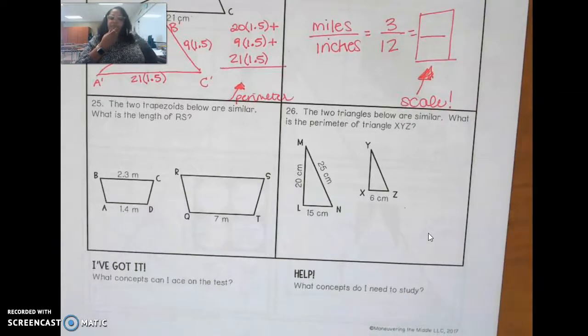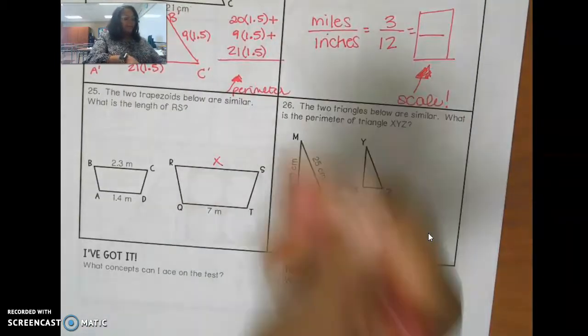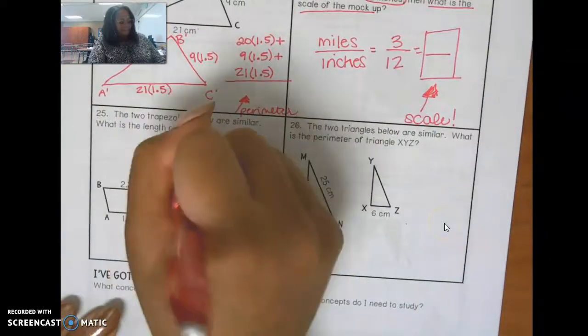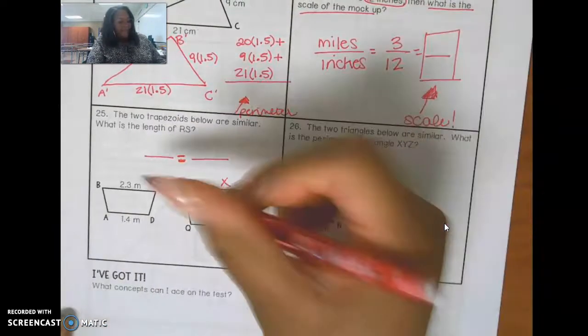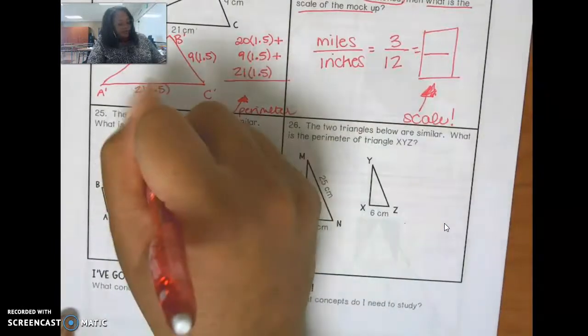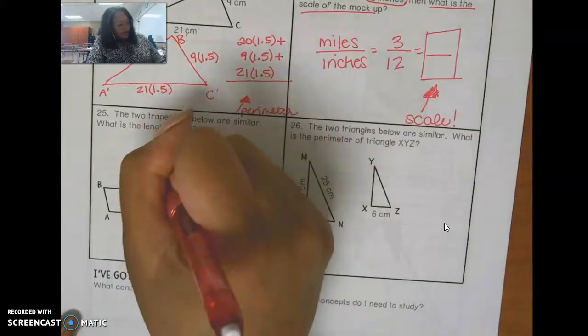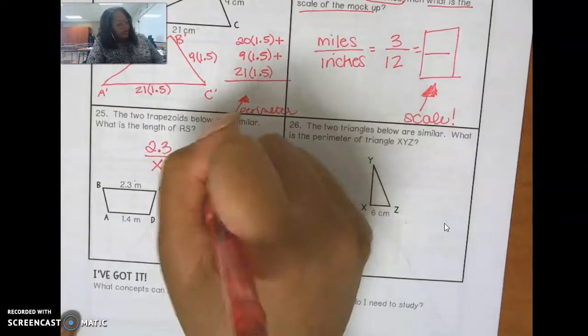Number 25. The two trapezoids below are similar. What is the length of RS? So that's this side right here. I would make a proportion. I would do 2.3 is to x as 1.4 is to 7.